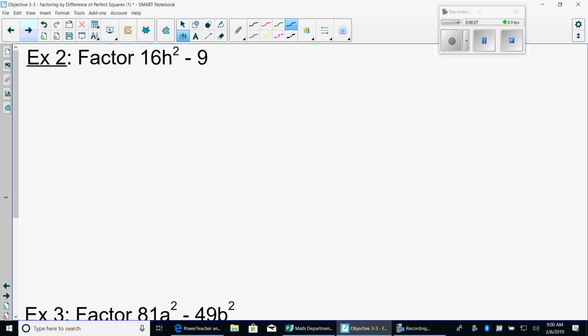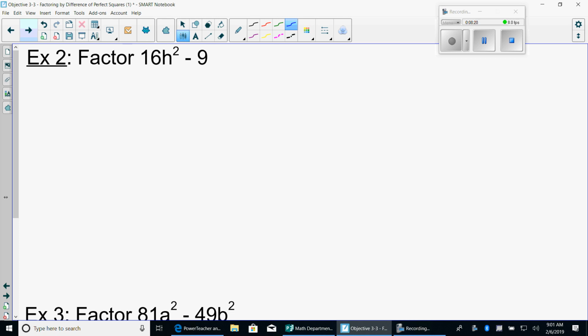So I'm going to hit pause for a few minutes. I want you to try this one. But let me ask you, is this a difference of two squares? Are we subtracting two perfect squares? Is 16h squared perfect? Micah says yes.